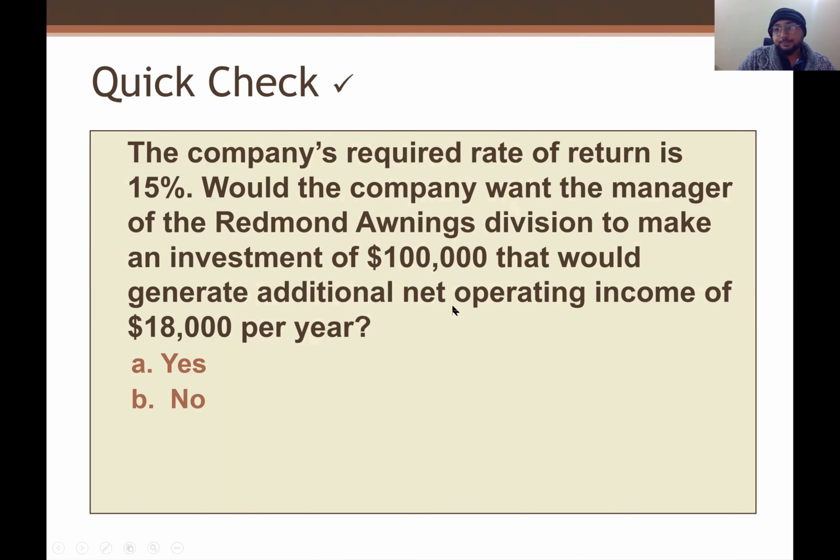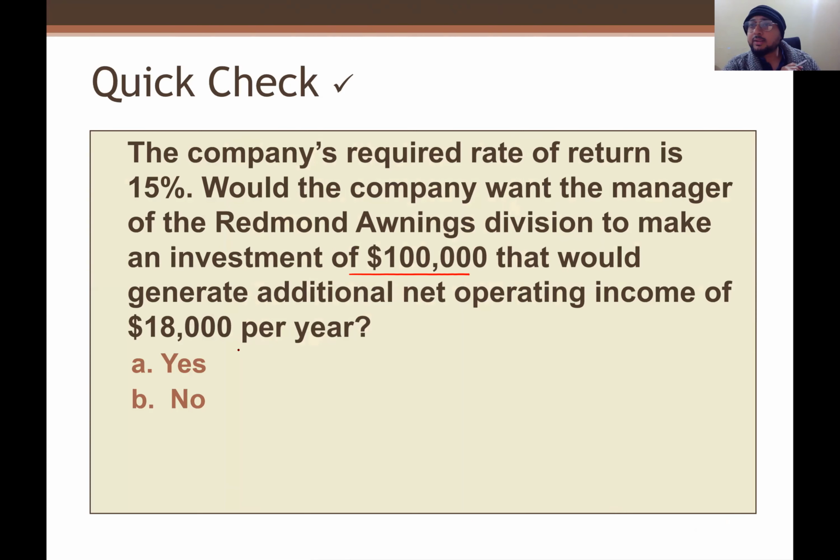What if the company's required rate of return is 15%? Would the company want the manager of the Raymond Awning division to make an investment of 100,000? If we solve this with the other method, the residual income method, can the company adopt this option or not?